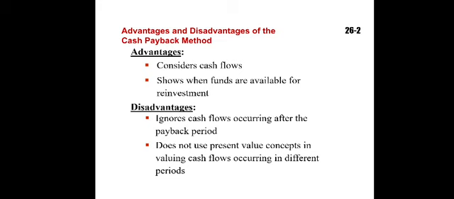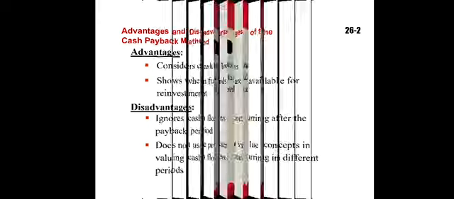Or if it is possible, you use more than 2 methods to evaluate the purchase of a fixed asset. The more methods that you use, the better decision you can make. So these are the 2 methods that you have seen, methods that ignore the present value. There are 2 more methods.